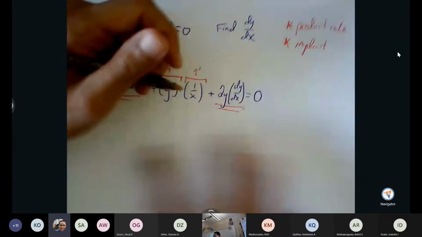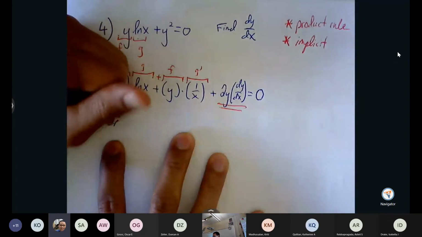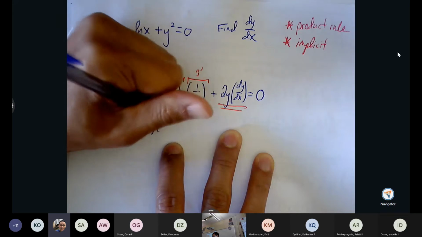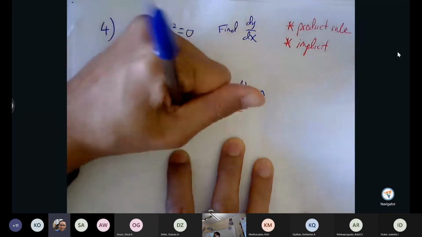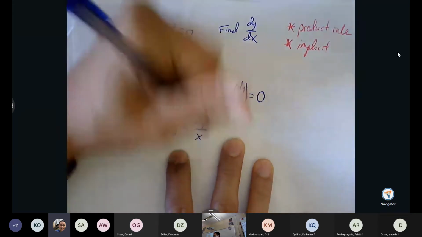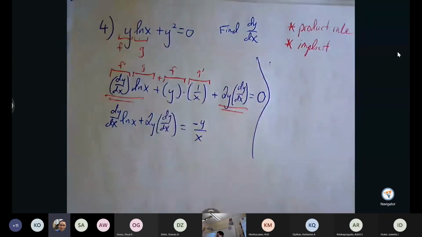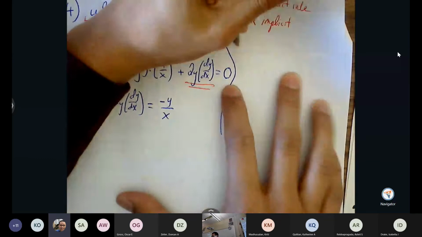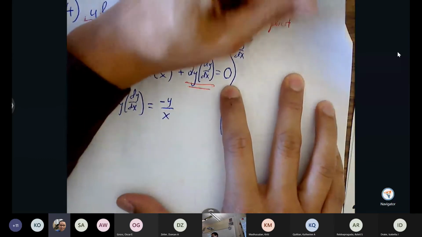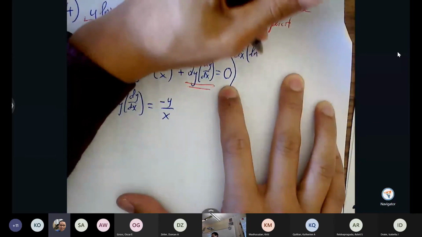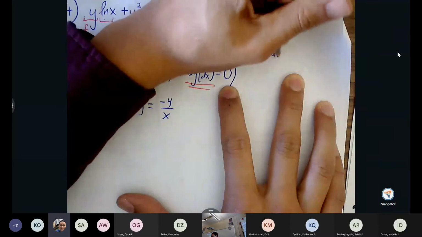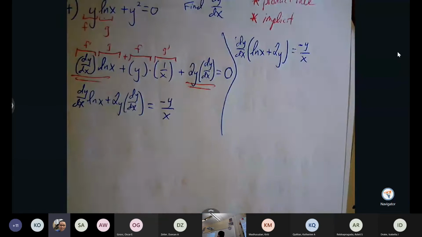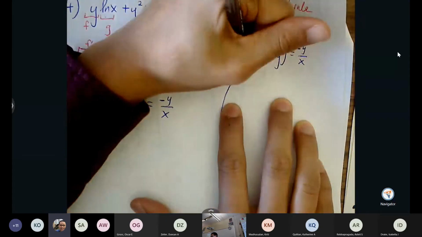Okay. Have the dy dx terms on one side, the non-dy dx terms on the other side. I'm going to combine that to be a fraction there, make it negative y over x. Factor dy dx out. Divide both sides by the parentheses.